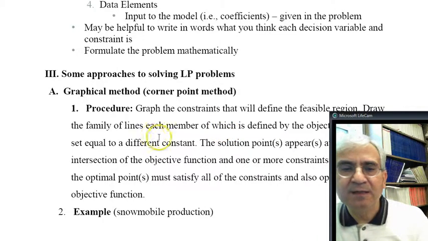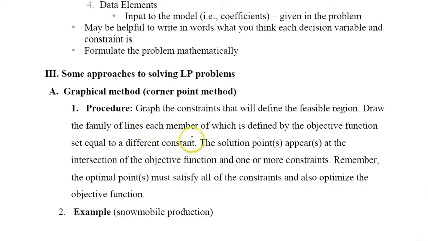Draw the family of lines, each member of which is defined by the objective function. So first, you draw all the constraints that determine the feasible region.